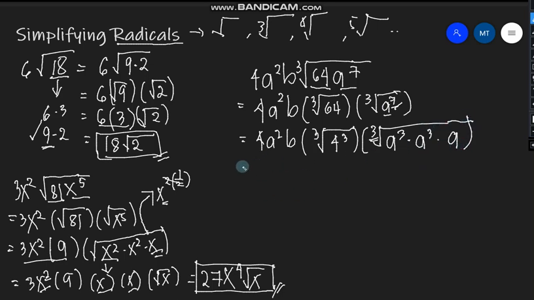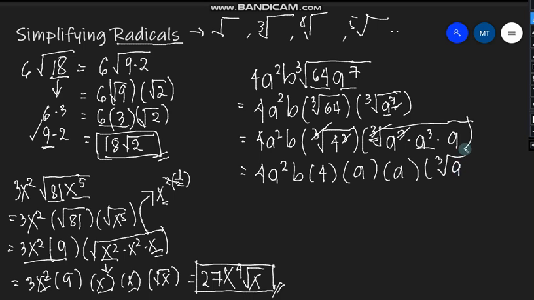Okay? So we have now 4a squared b. Cancel that. So you have now 4 times 4. And then, lalabas yung isang a. Lalabas din yung isa pang a. And then, ang matitira na lang is cube root of a. So we have now 4 times 4, that is 16.